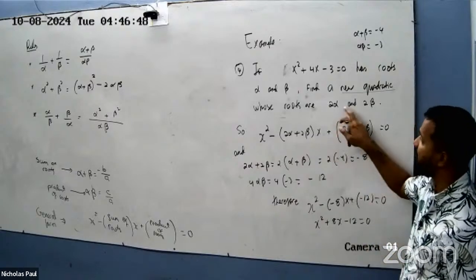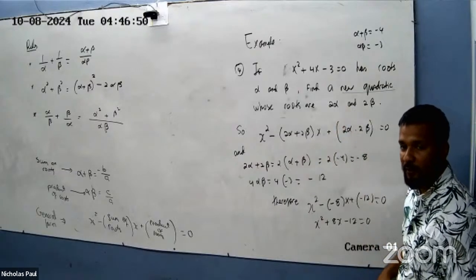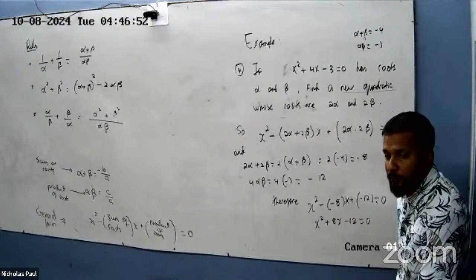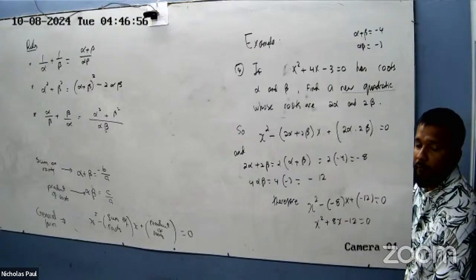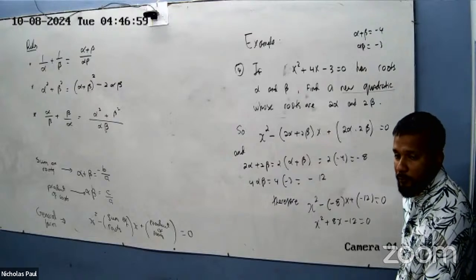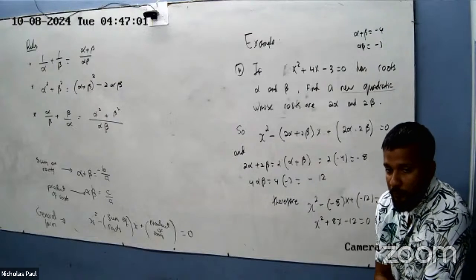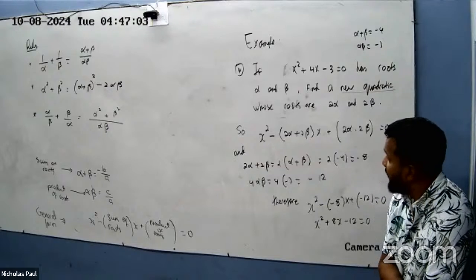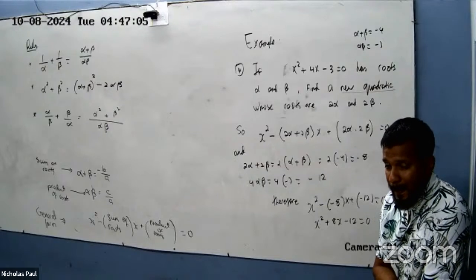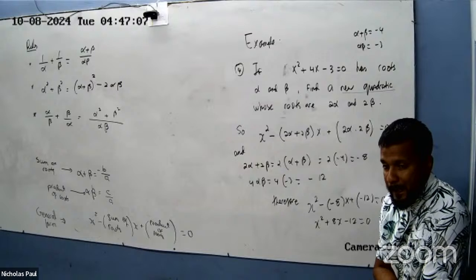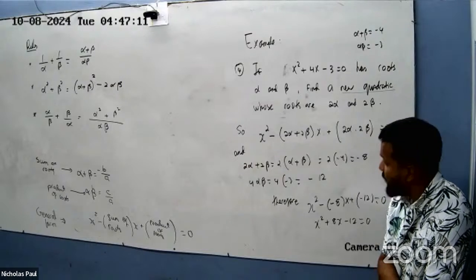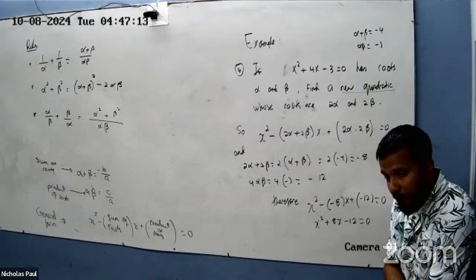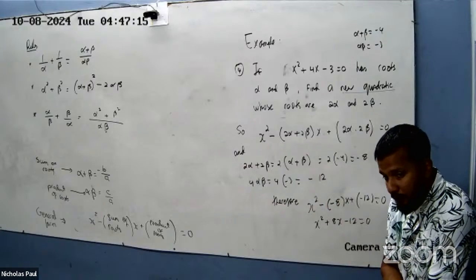How will I get the new quadratic? Fine. When you say I find alpha squared, take it down.